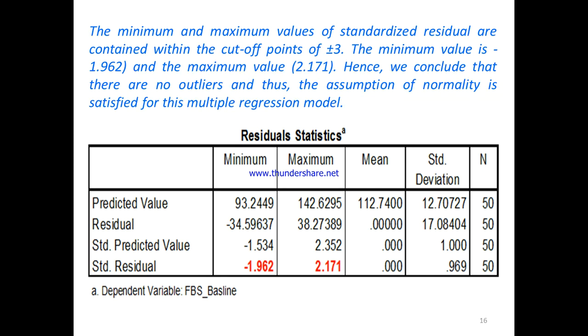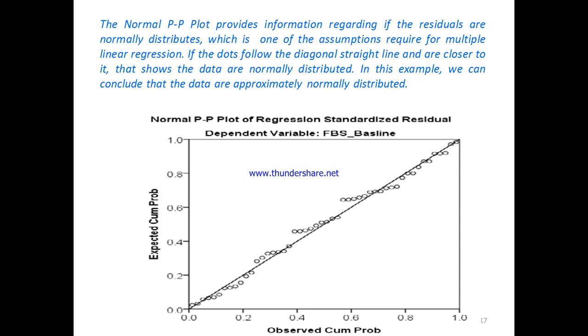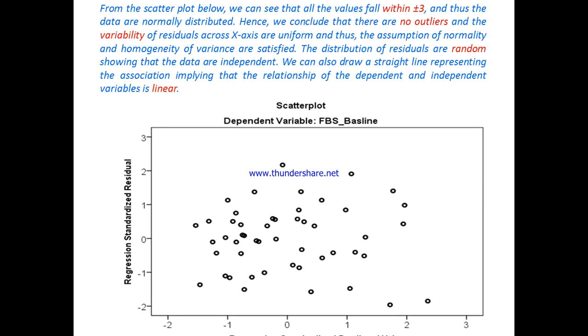I think the fulfillment of assumptions follows exactly the same procedure that we have seen earlier. You look at the standardized residuals and see whether they fall within plus or minus 3 standard deviations, and then accordingly judge that the data is normally distributed. As you can see, all the points fall on the diagonal line when you look at the normality.